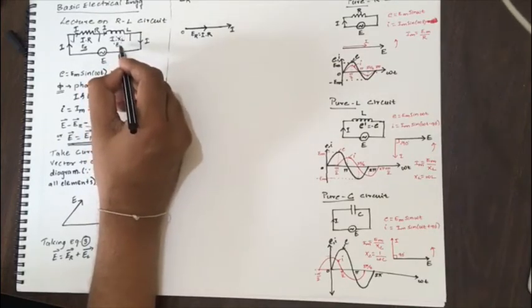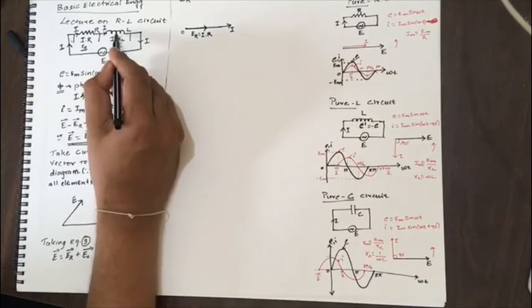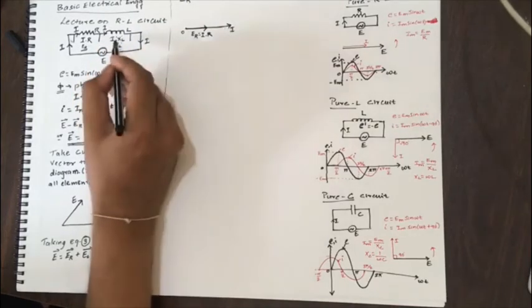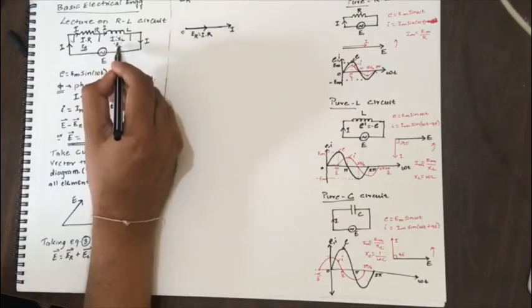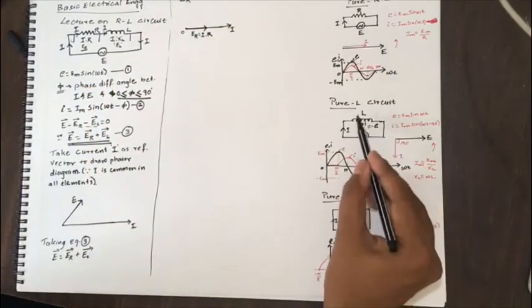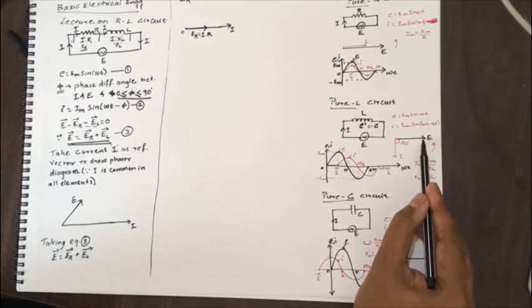When I say drop across C, it is the charged voltage. Now this voltage EL is existing across L, through which the current I is flowing. Now we know that across inductance, the current will always be lagging behind the voltage by an angle 90 degrees.